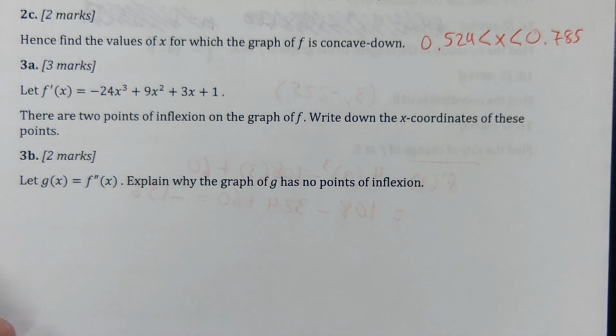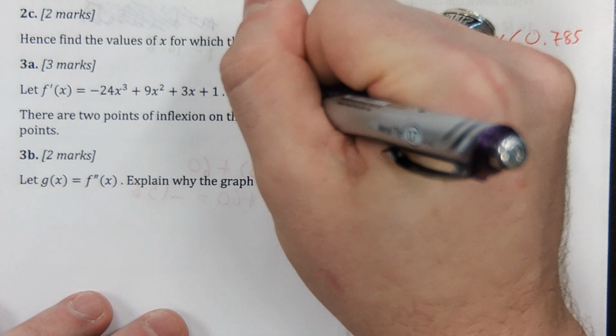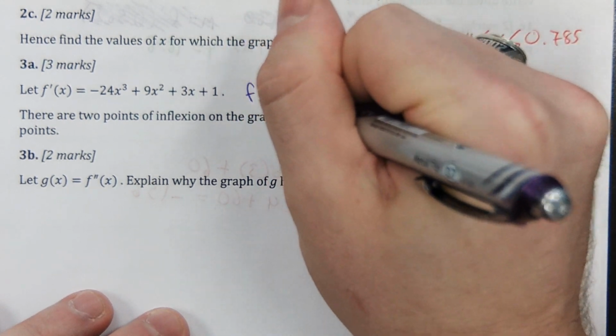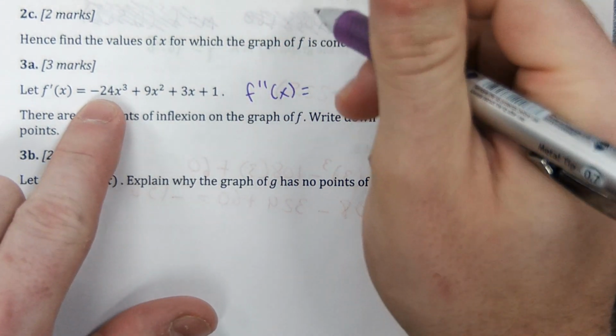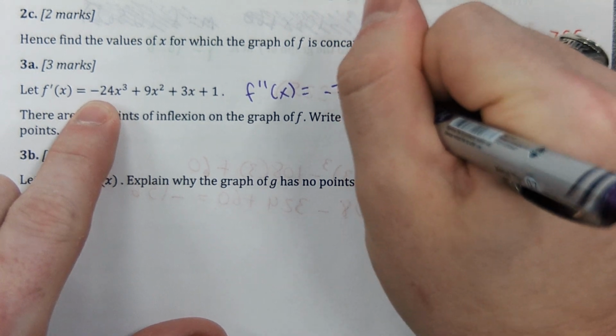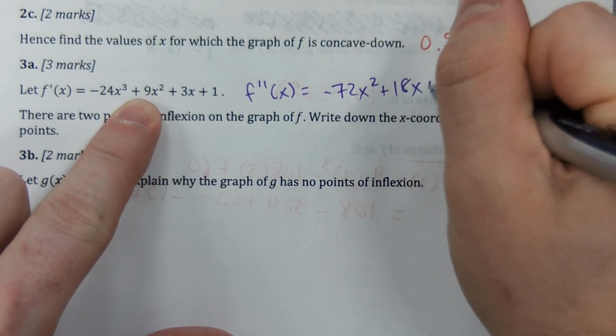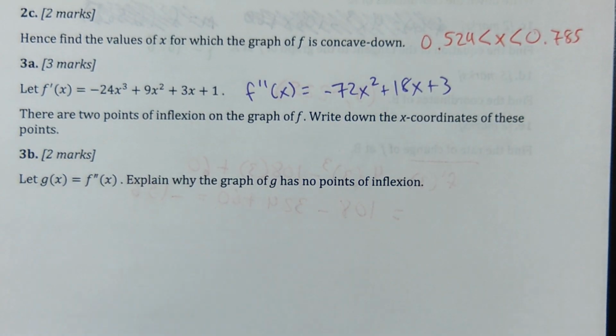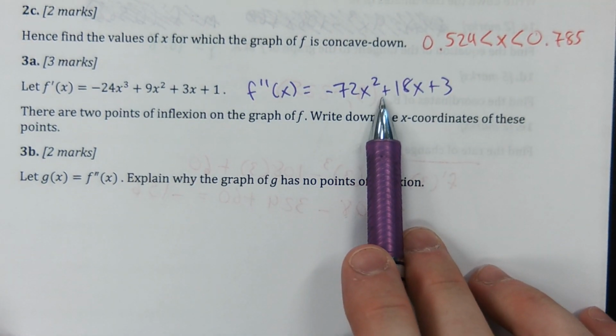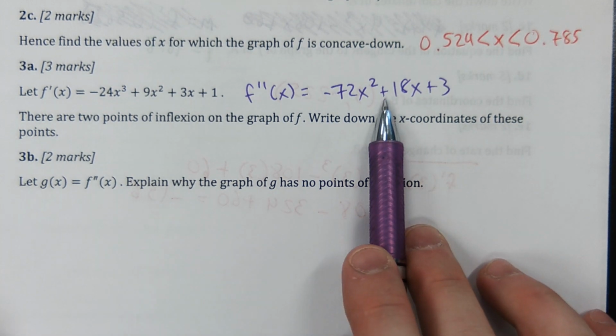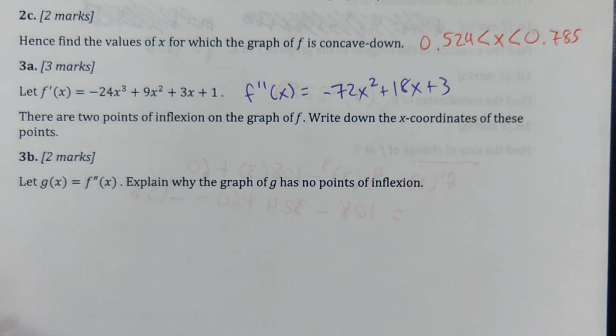So what we need to do is find f double prime. Bring down the 3 gives me negative 72x squared. Bring down the 2, plus 18x plus 3. And it makes sense that there's 2 points of inflection because this is a negative quadratic, and it's probably going to cross the x-axis twice.